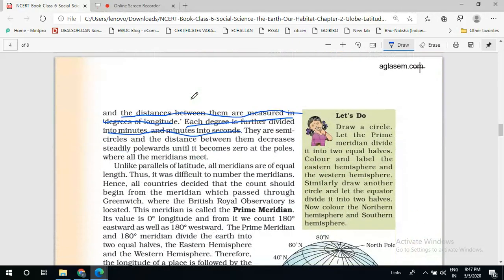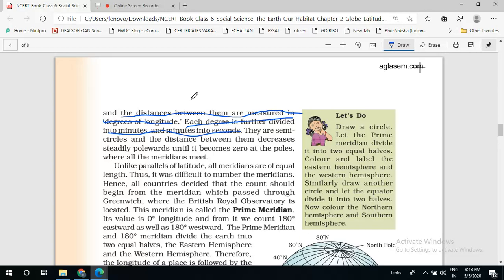This is very important, not only to learn, not only to memorize, but you should understand it very well, because this is the basic thing which must be understood if you want to understand the different time zones of the world, how in different countries we experience different times. So this is very much important.